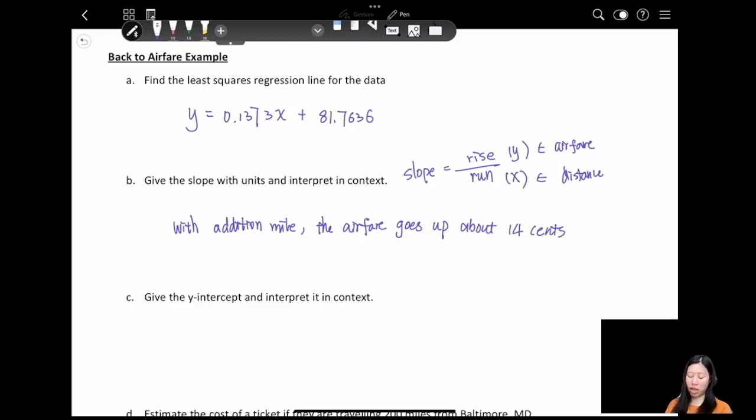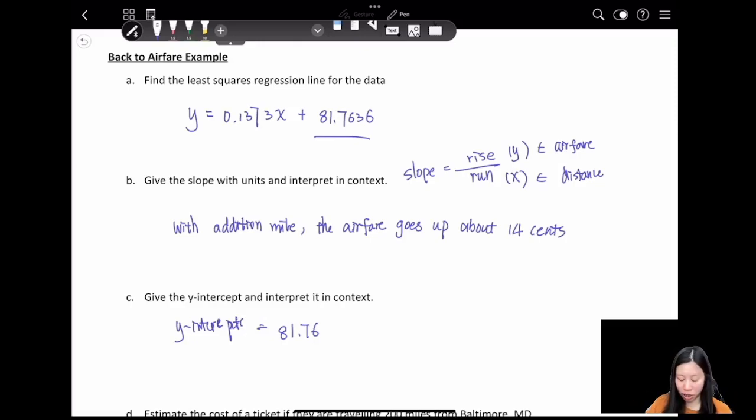Okay, give the y-intercept and interpret it in the context. So the y-intercept equals $81.76. So what does that mean? It represents the cost of 0 miles.